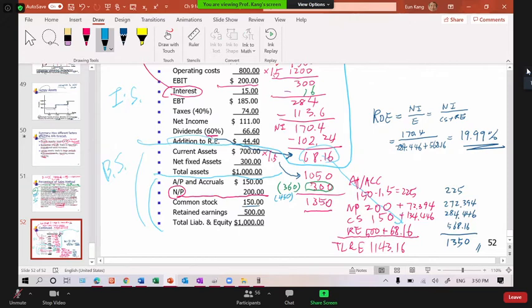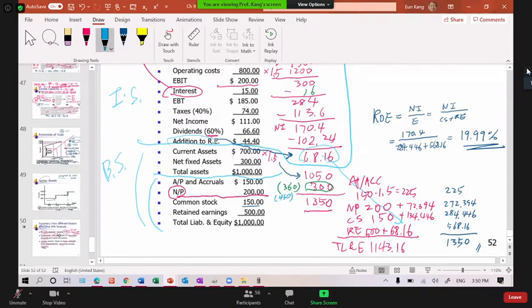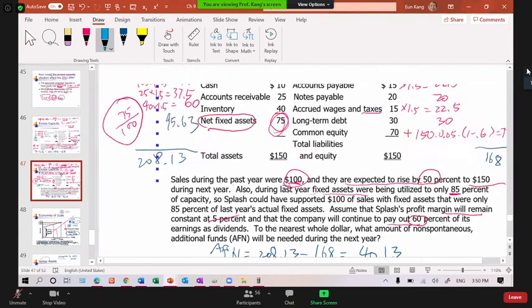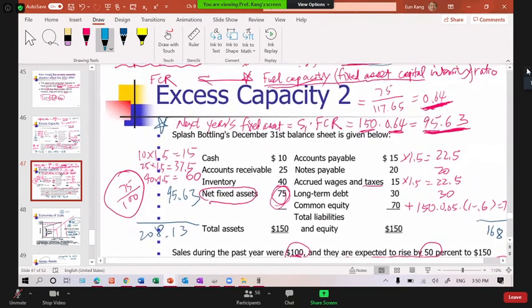Professor? Yeah. For the 80% capacity, when we calculated net fixed asset, why did we choose 300 divided by 1250? Can you explain that again, please? That is actually, believe it or not, from this one, excess capacity 2.